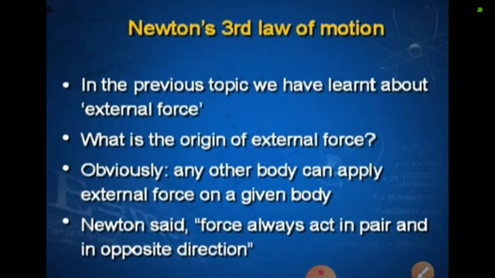When a player kicks a football, the football moves forward and the foot of the player moves backward. Hence we can say two forces are acting. One, the force applied by the foot on the ball, and second, the force applied by the ball on the foot. These two forces are equal and opposite and are given the name action force and reaction force.